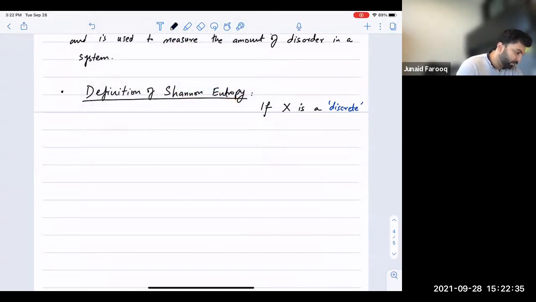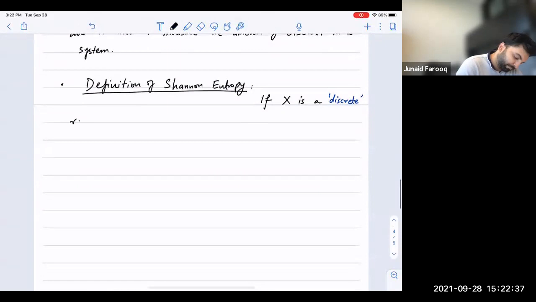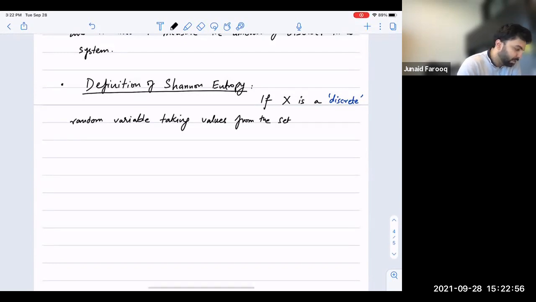So if you talk about discrete random variables that can take values from a certain set, let's say that set is chi, and that contains x1, x2, and so on.